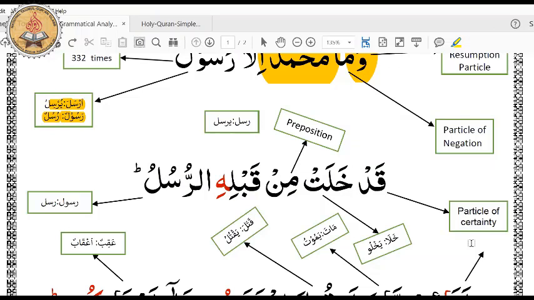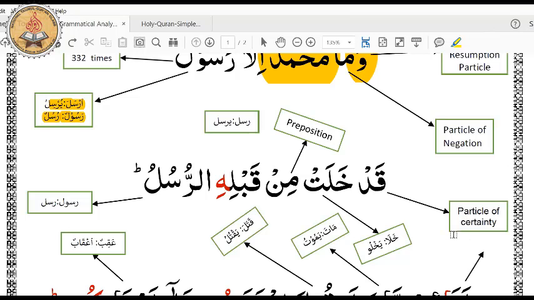I think in the previous lesson, a couple of weeks ago, I explained with the example of iqamat as-salah. So qad, when surely the job is complete and that work is done.